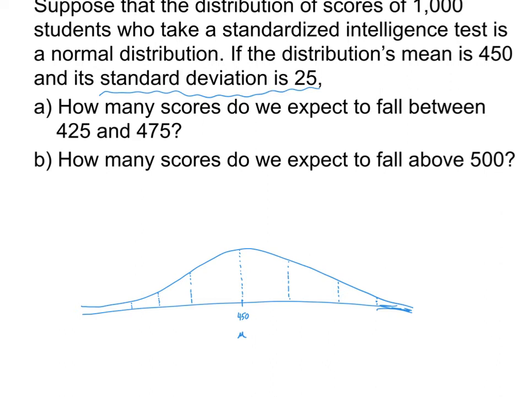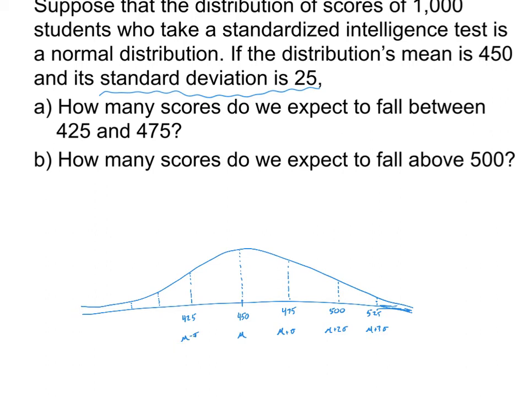So 450 plus 25 is 475. That's mu plus sigma. Add it again, I get 500. That's mu plus 2 standard deviations. Add it one more time, and I get 525. That's mu plus 3 sigma. I'm going to do the same thing on the other side of the mean. Subtract 425.